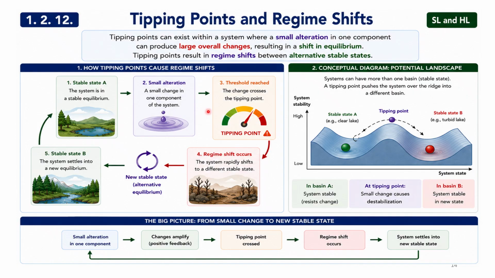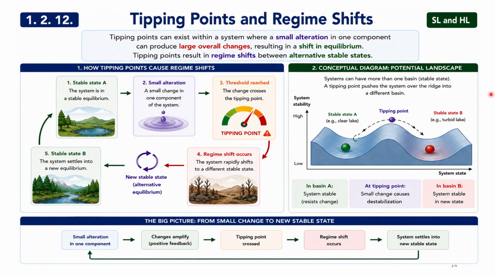Once the disturbance exceeds a critical tipping point, the system rapidly undergoes a regime shift and settles into a different stable condition, known as stable state B. Although the system is stable again, it now functions very differently from its original state.